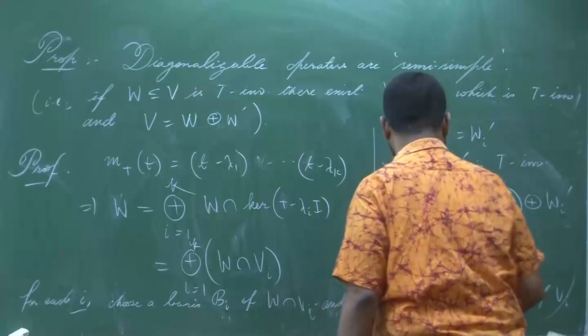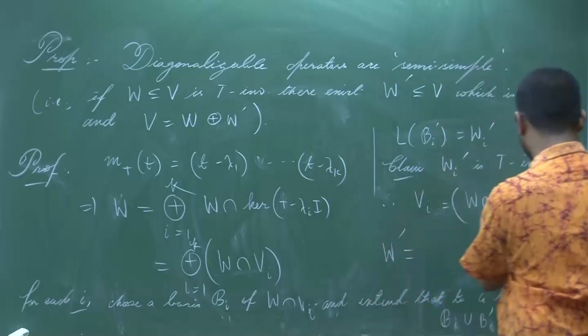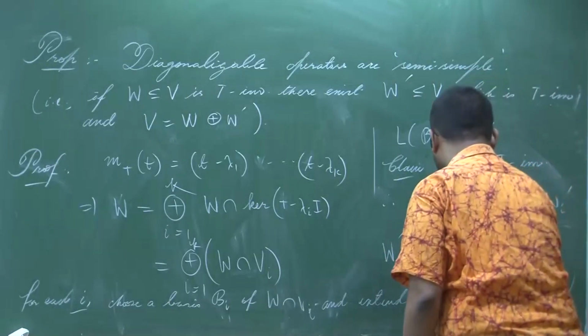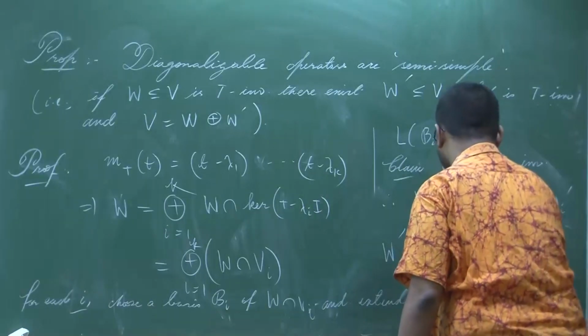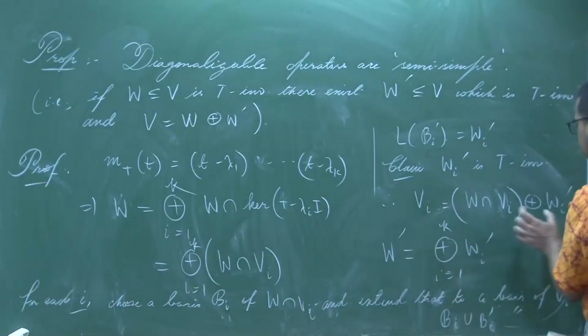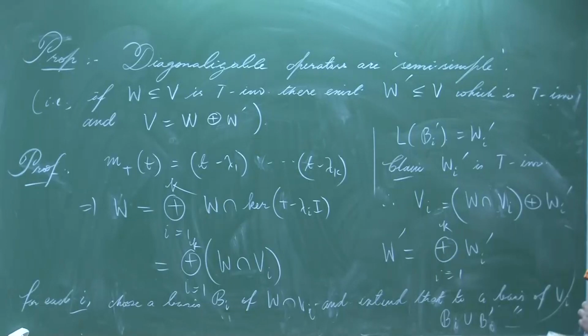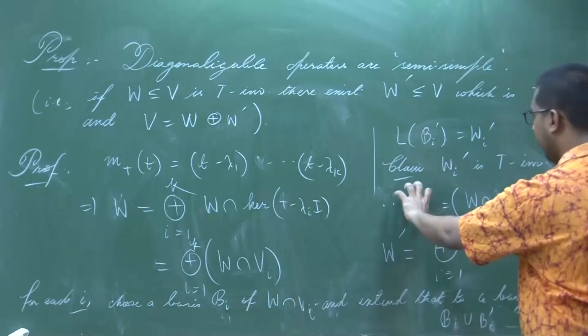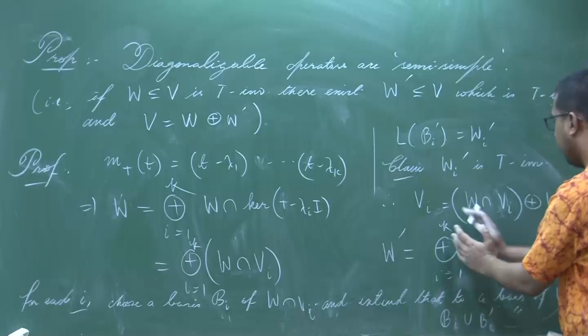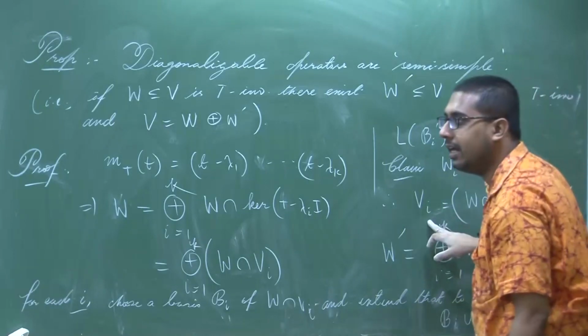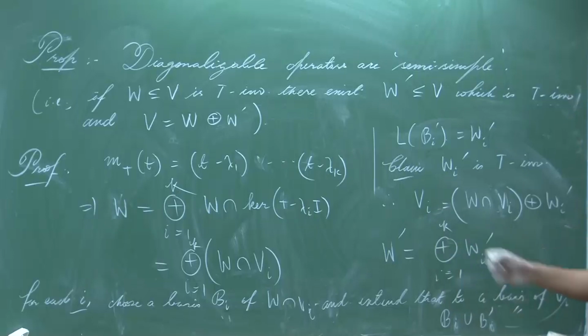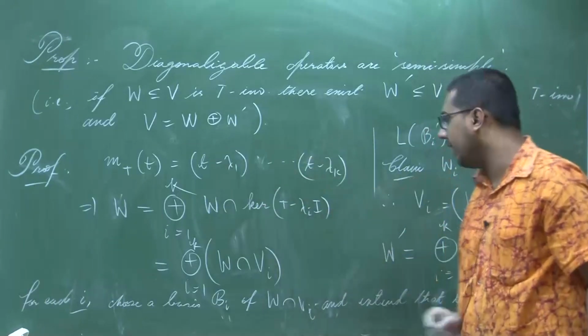Finally, the choice of W prime will be this: corresponding to each i you have this Wi prime, and when you take their sum, it has to be direct, because all of them are contained inside Vi, whose sum is already direct.